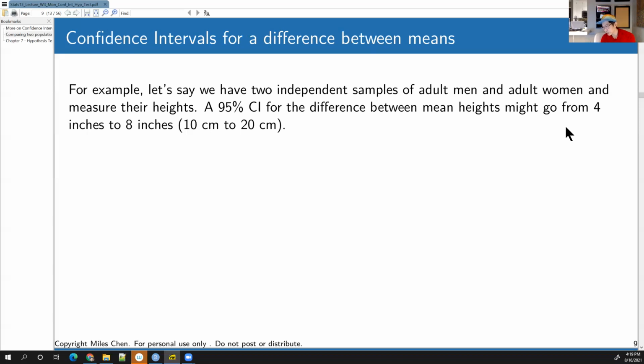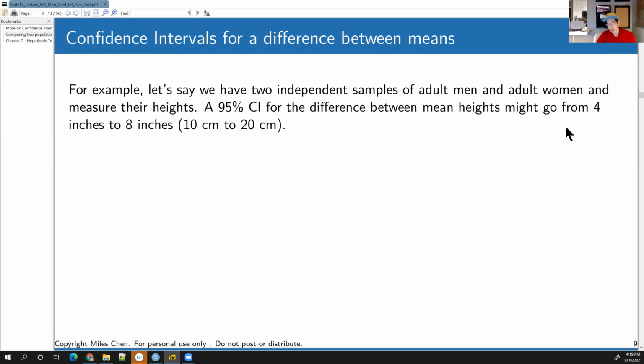All right. So just a simple example here. Let's say we take 2 independent samples. We get some adult men and adult women, and we measure their heights. We have a sample of self-identified men and women, and we say, thanks for volunteering, let's just measure how tall you are.